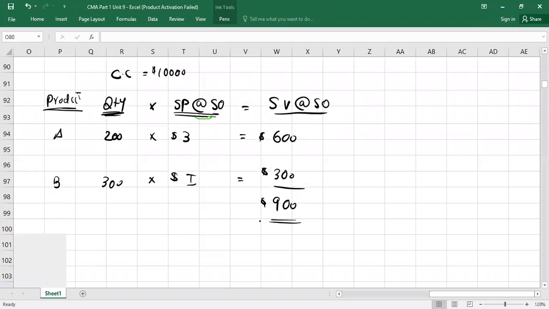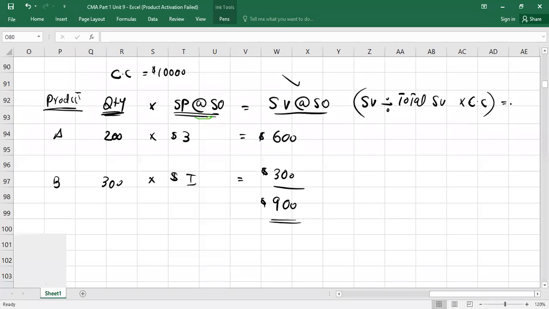Because what method are we using? Sale value at split-off. It means now we will calculate the fraction on this sale value. Understood? And how do you get the fraction? I take the sale value of each product divided by the total sale value and multiply by the common cost.